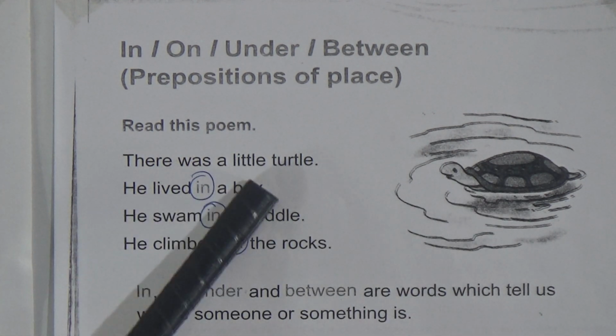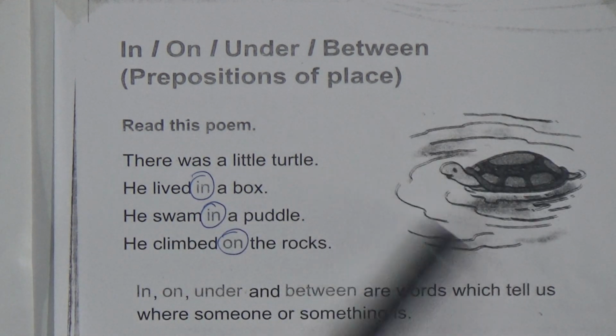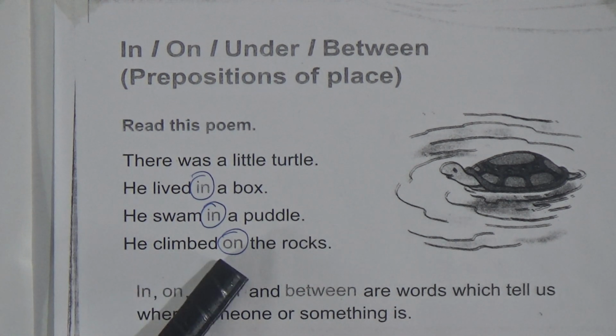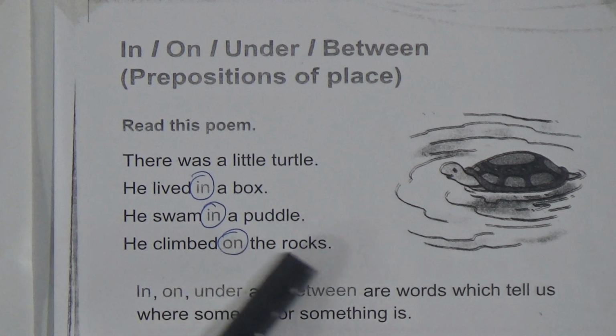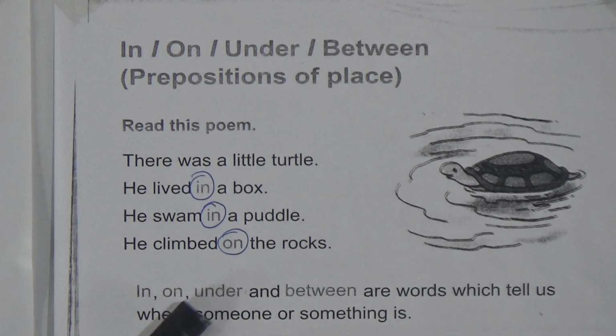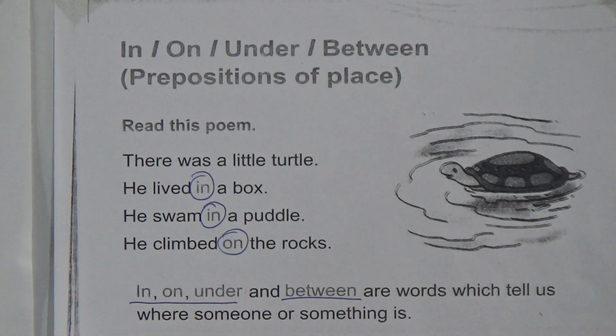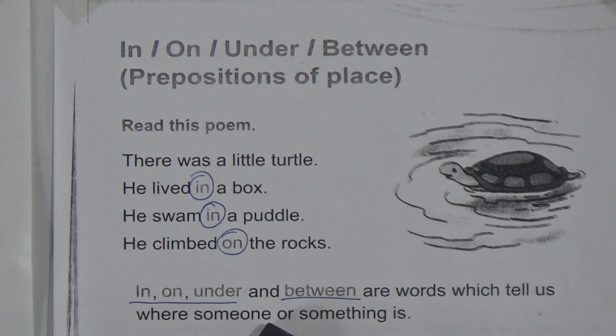In the second sentence, it is inside the box, and in the third sentence, it swam in the puddle. And where was the turtle? The turtle climbed on the rock. That means the turtle was on the rocks. So in, on, under, and between are words which tell us where someone or something is. These are our prepositions because these words tell us about the position of someone or something.